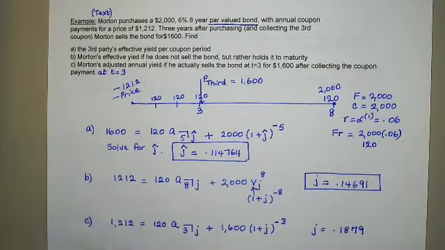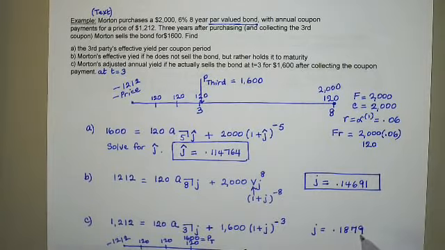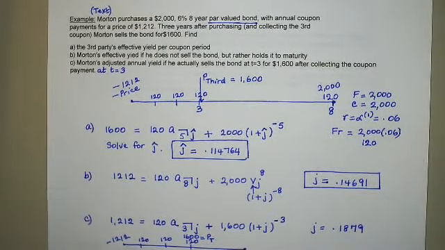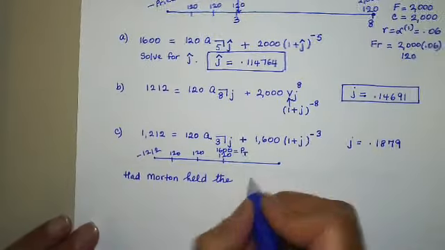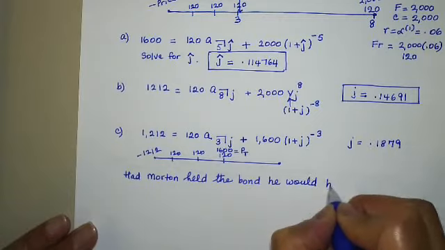Because he's standing at 3, collecting redemption of 1,600, basically. That's the price he's selling it to the other guy for. And then that turns out to be 0.1879. Let me draw a timeline for that. Minus 1212, collects 120, collects 120, another 120, and also collects 1,600 right here, which is price third party. J equals 0.1879.